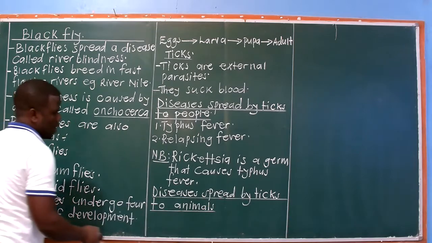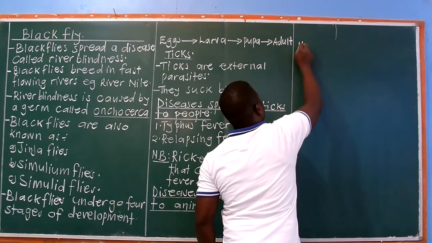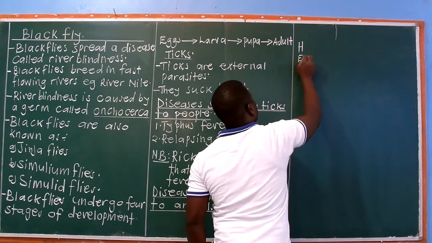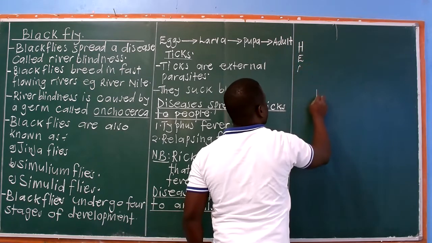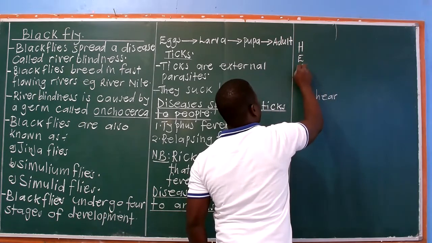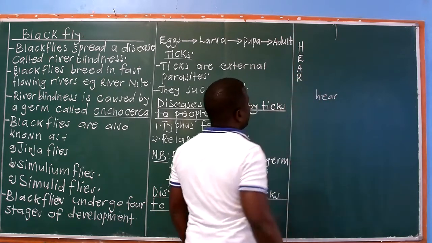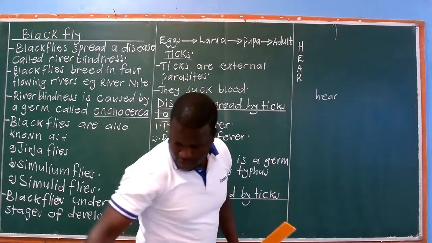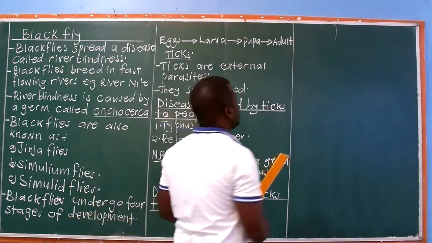One, we have what we call heartwater. There's a word called heartwater. Then from that word, we are going to abbreviate diseases spread by ticks, or the ones we call tick-borne diseases.